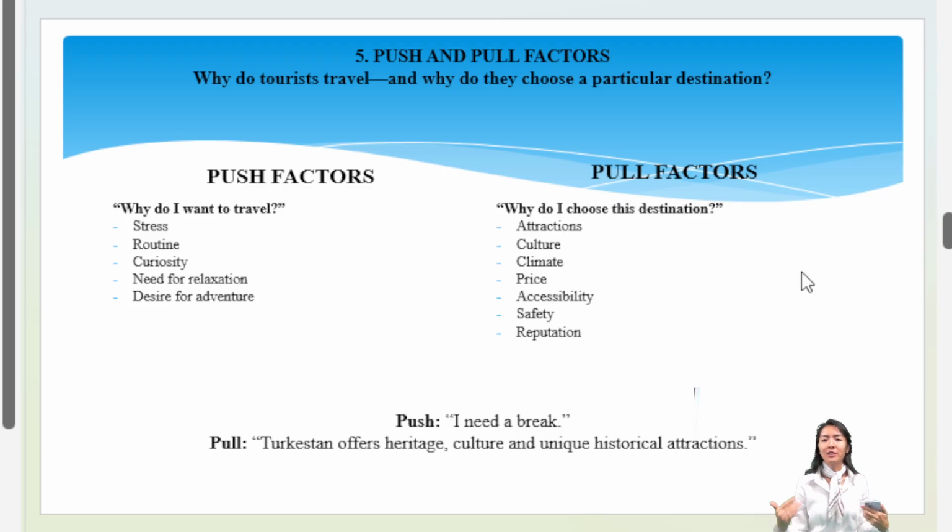Pull factors mean attractions, culture, climate, even history, and also safety. For example, push factors.